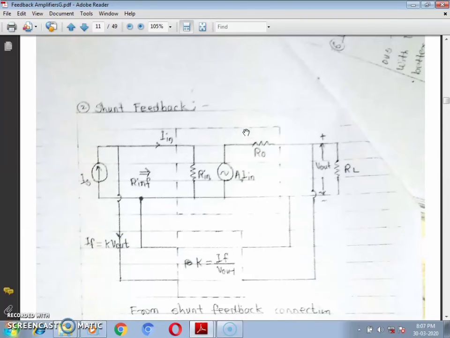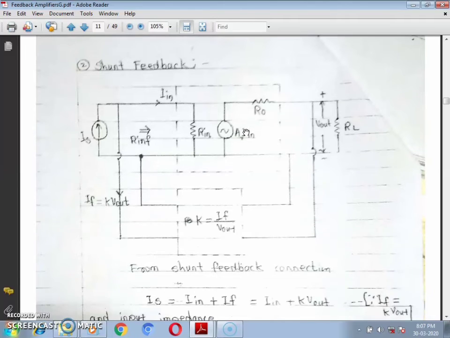For a shunt feedback, we know that the input source is a current source. So we consider that the input impedance of a basic amplifier is Rin. The gain of this one is A times the input, and the output impedance is Ro. Output voltage without feedback is V out.